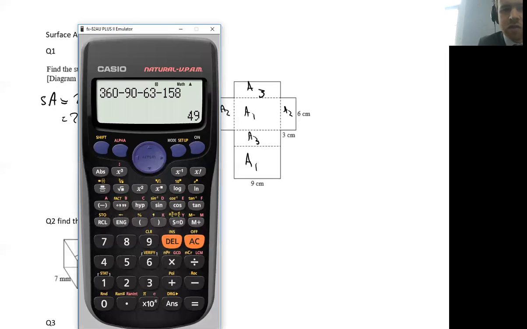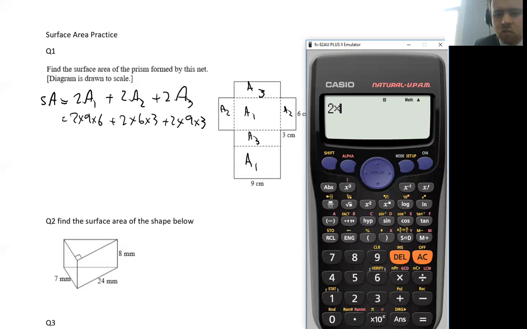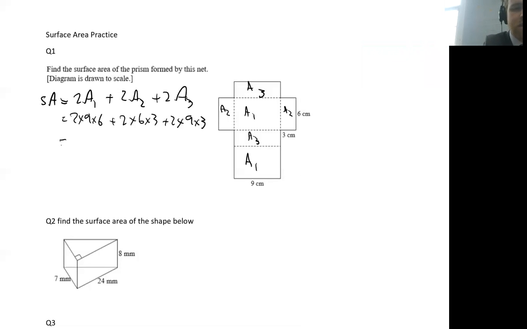All right, and then we just get up our calculator, put those values in, and we will find our area. 2 times 6 times 3 plus 2 times 9 times 3 equals, okay, and we get our surface area, which is 198, and it's going to be in centimeters squared. Remember, surface area is measured in units squared.